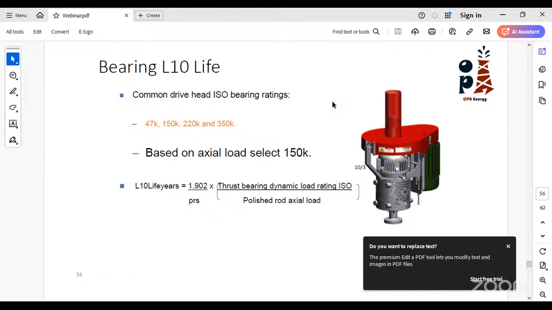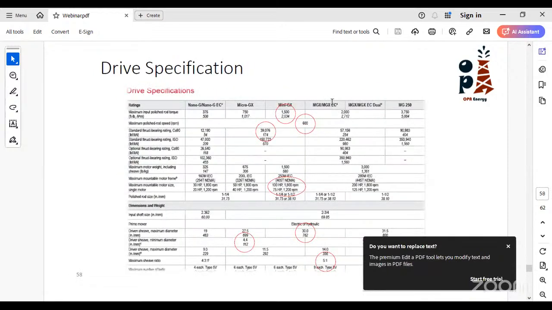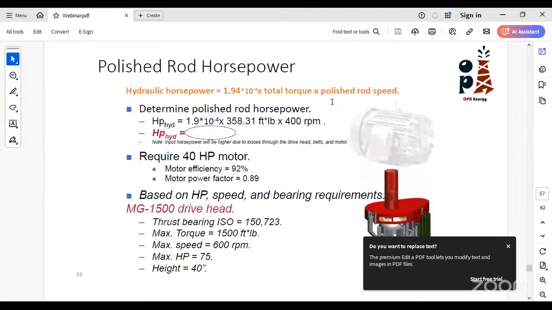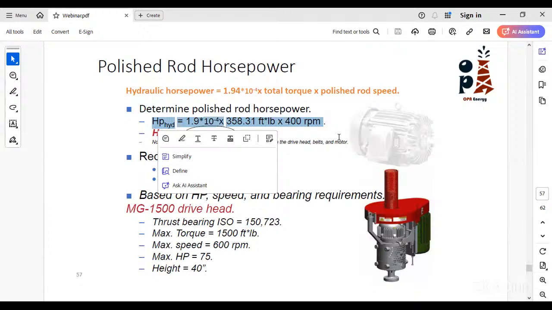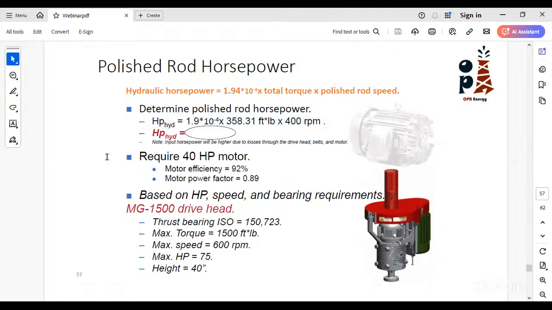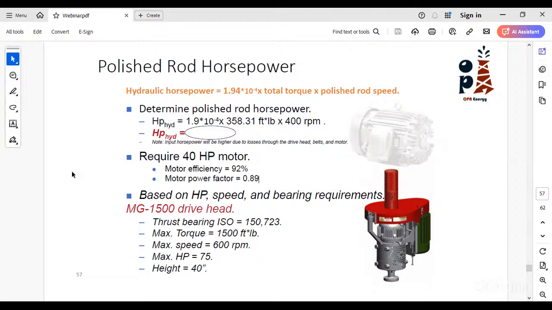After that, we need to choose a prime mover for the polished rod. For the polished rod horsepower, this equation can calculate it depending on the RPM that it is running with and the torque load that it withstands. We can also choose this motor, the 40 horsepower motor, depending on the horsepower required from the polished rod.